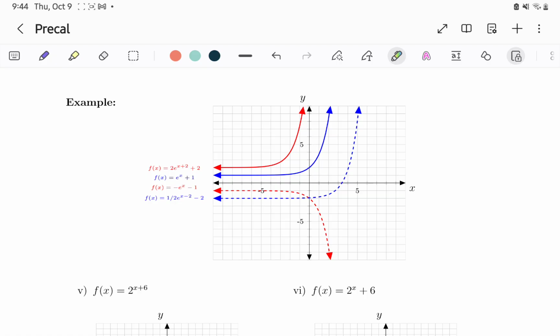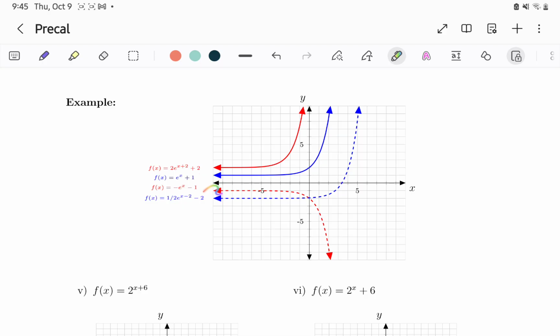Okay. And then next in the dashed red here, we have the graph of f of x equals minus e to the x minus 1. And so what we have here is just a reflection about the x-axis of the graph in solid blue here. And so, of course, we can see that when we compare the two graphs, the graph in dashed red is indeed a vertical reflection, or in other words, a reflection about the x-axis of the graph in solid blue.